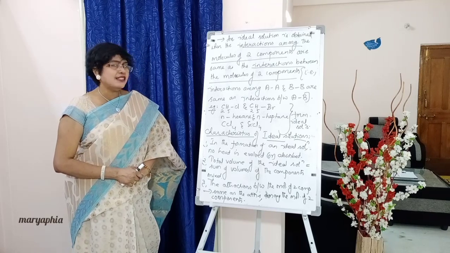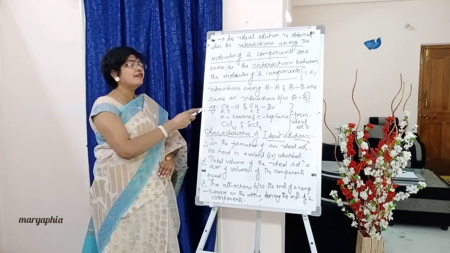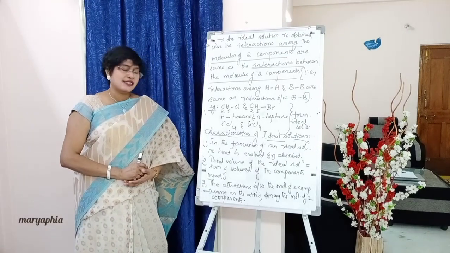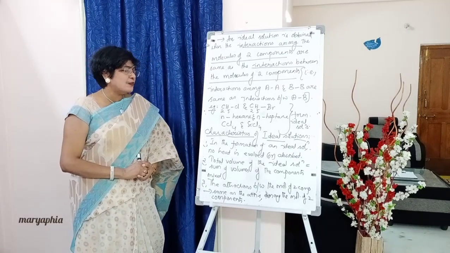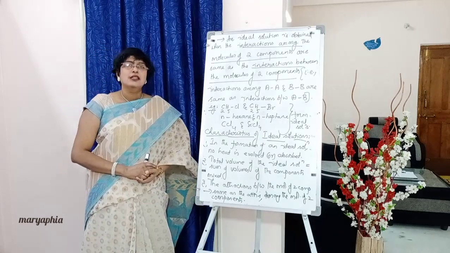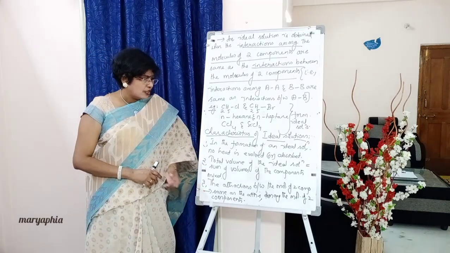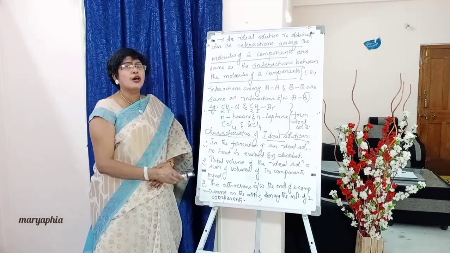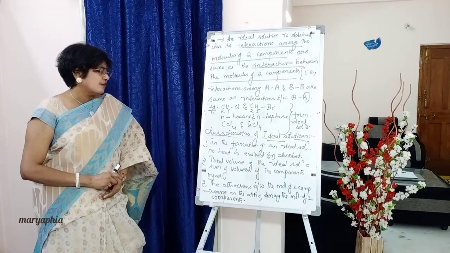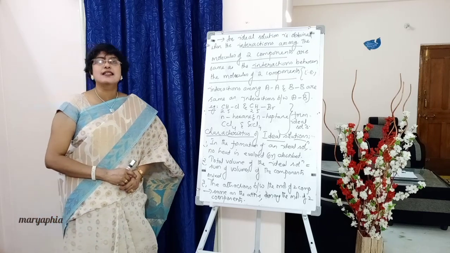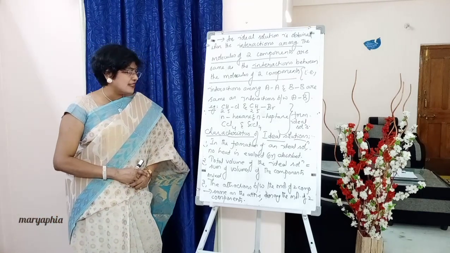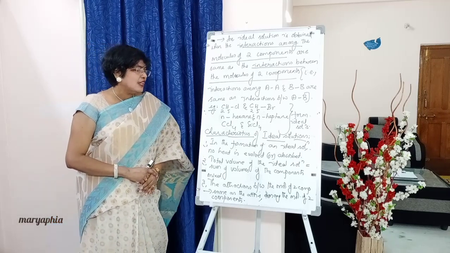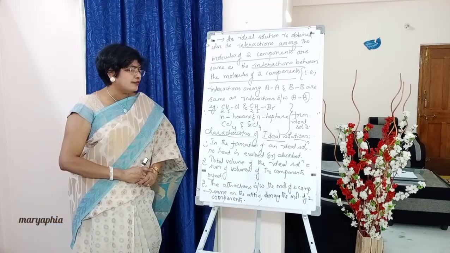Next, third point. The attractions. What we have seen here, students, the same point we are writing as the third characteristic. Write down: the attractions between the molecules of the two components are the same as the attractions among the molecules of the two components.